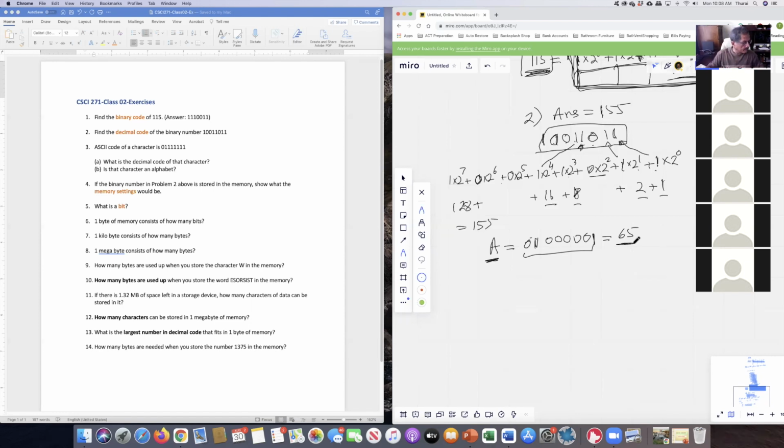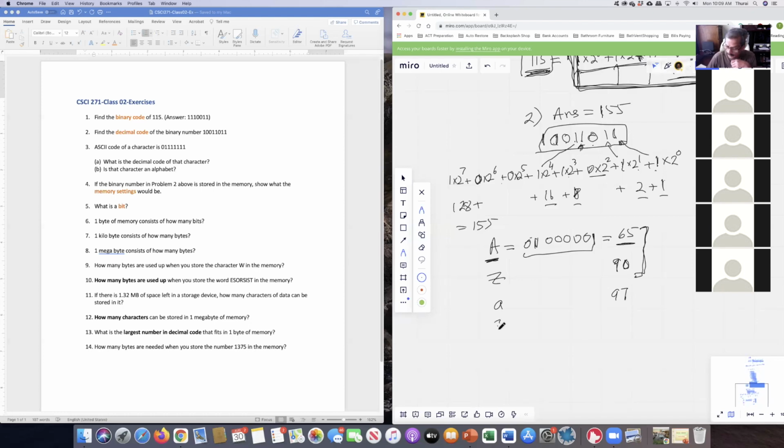Similarly, all other alphabets have corresponding codes, all the way to capital Z. Capital Z corresponds to 90. So the range 65 to 90 represents uppercase A through Z. These are called decimal codes of the alphabets A through Z. Lowercase a corresponds to the number 97, the binary code of 97.